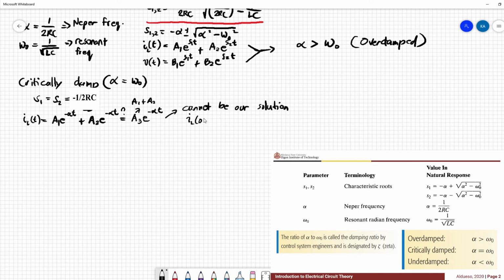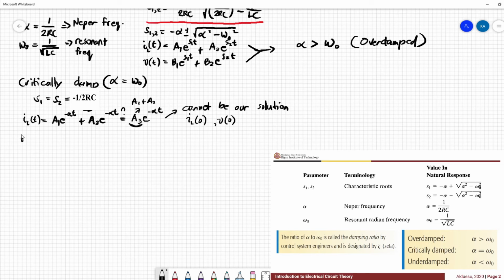We have the initial value of I, and the initial value of V. These two initial conditions cannot be satisfied with only one constant, A3. Looking at the equation, we only have one constant.